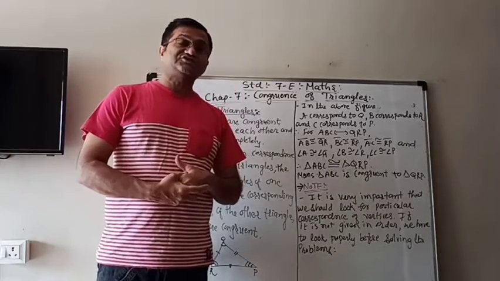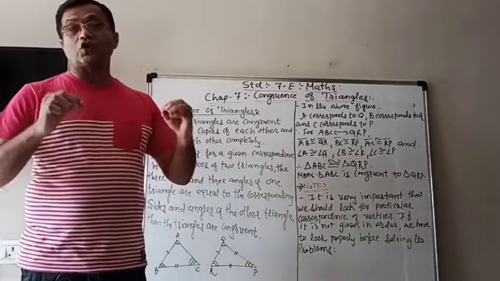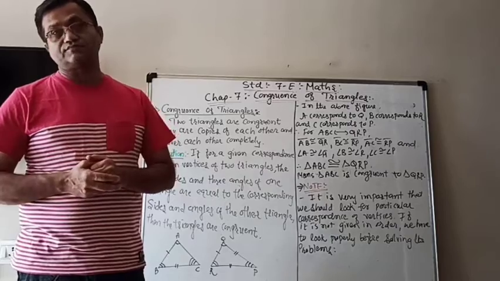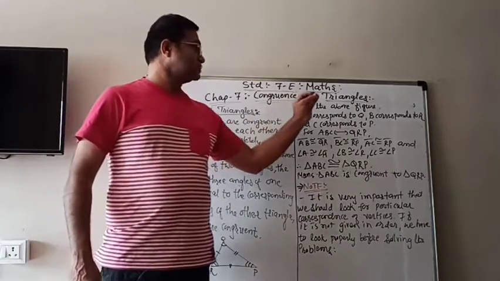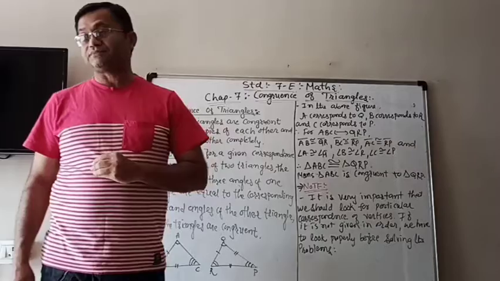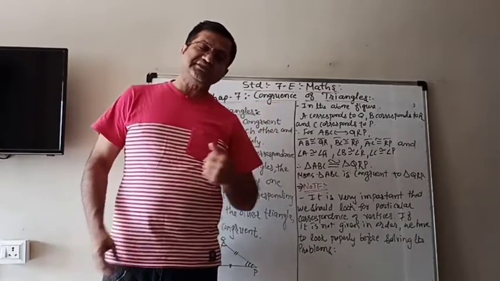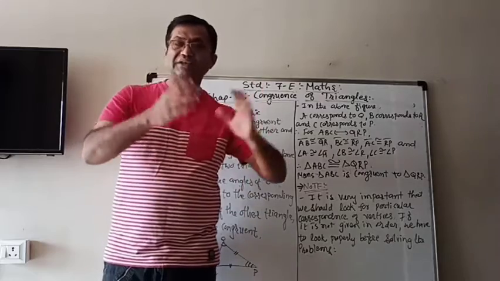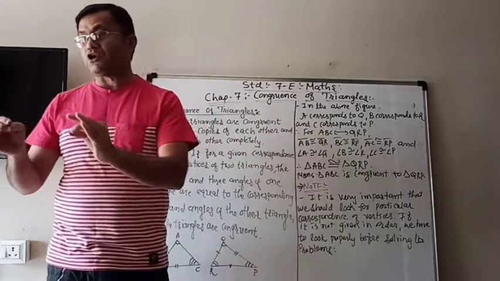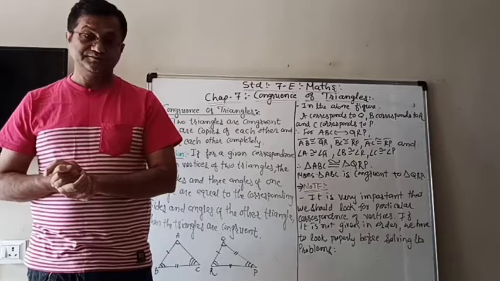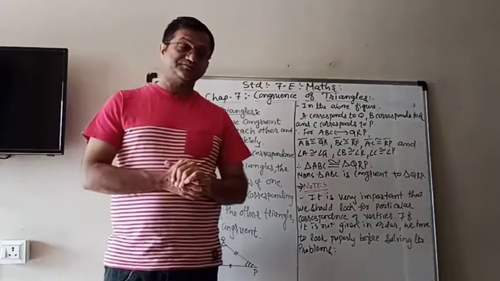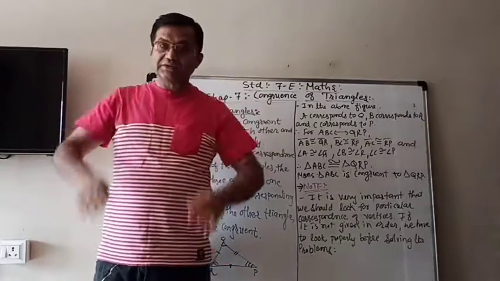We are learning chapter number 7, congruence of triangles, and that is a very important chapter. In the last few sessions, first we learned the meaning of congruence of figures.